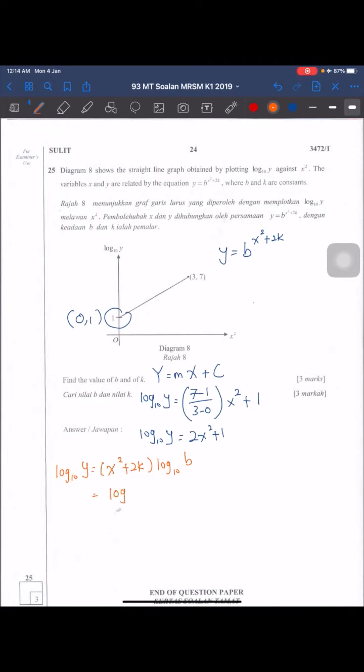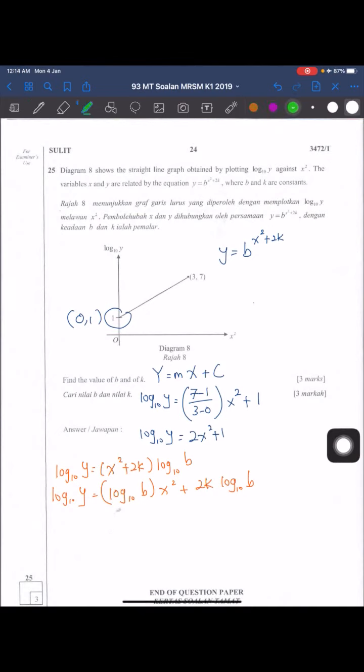So log tan B x square plus 2k log tan B. Sekarang kita dah ada dua equation yang kita boleh compare.